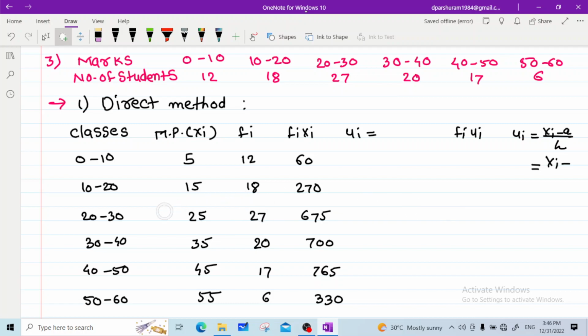The value of h is the difference between the classes: 20 minus 10 is 10, 30 minus 20 is 10, so the value of h is 10 and the value of a is 25.